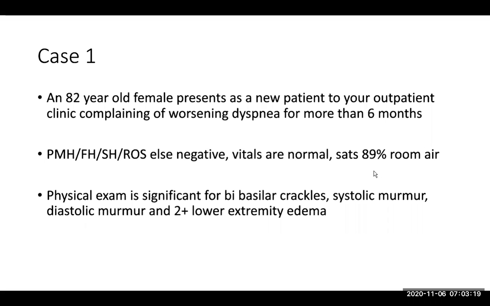Vitals are normal, with the exception of on room air, she's satting 89%, but comfortable. Physical exam is significant for bibasilar crackles, systolic murmur, diastolic murmur, and 2+ lower extremity edema. So keep this case in the back of your mind as we move through some of the teaching points, because we're going to come back to it at the end.